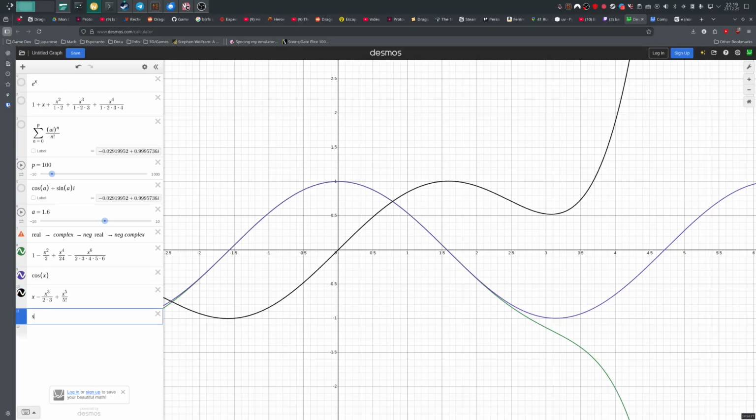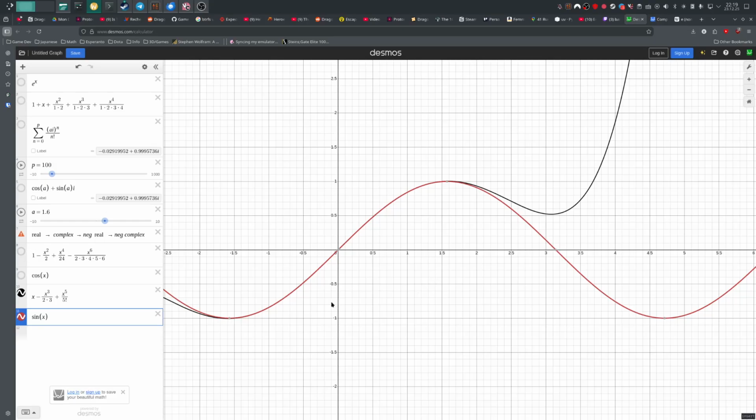And now we will plot sine. And let's disable those just for clarity. And you see that our black curve is slowly fitting the sine function. And this is the beauty of it.